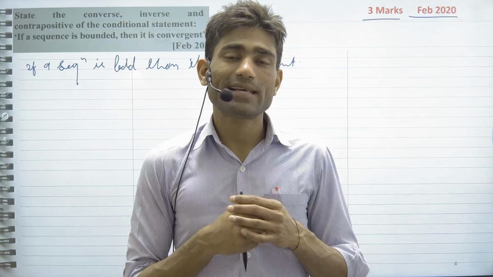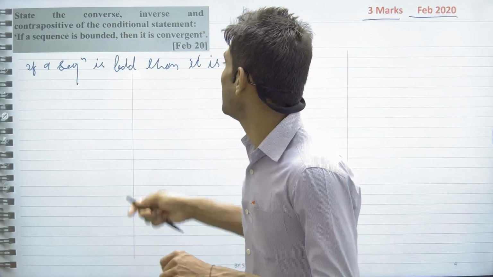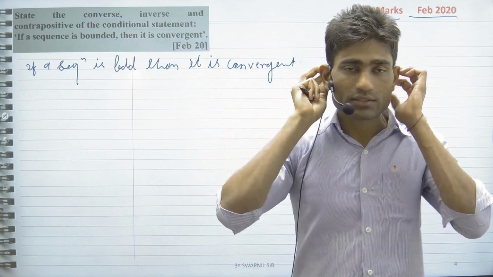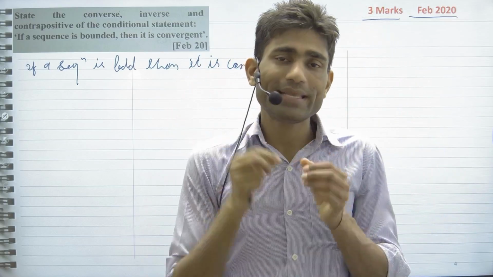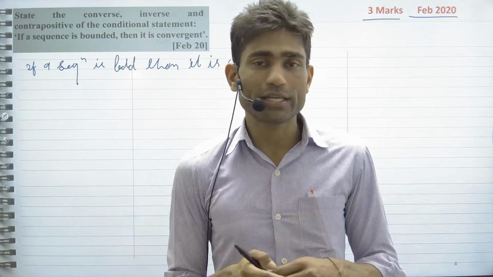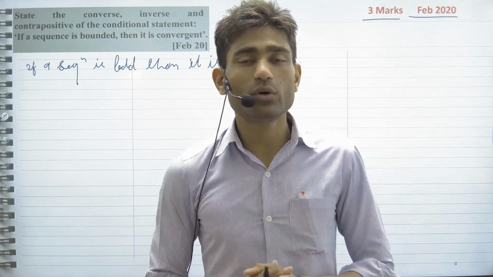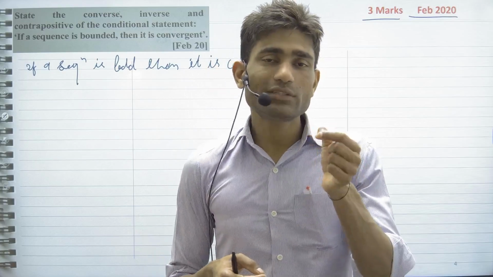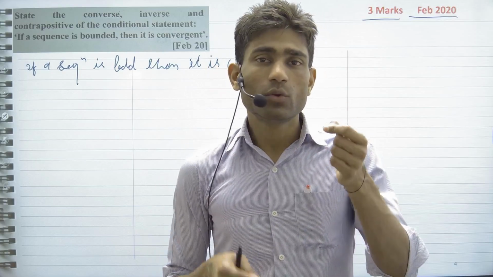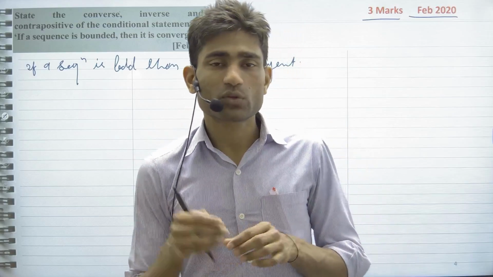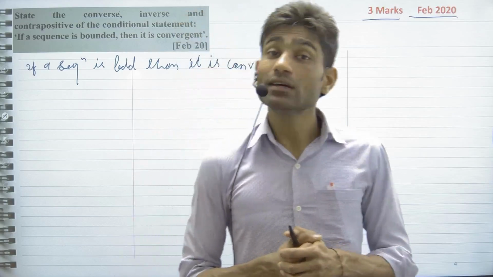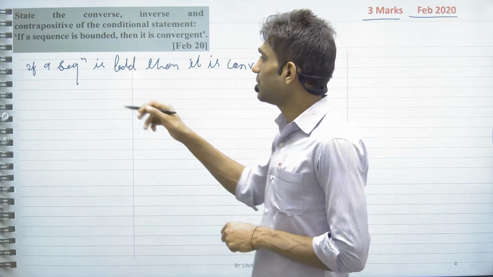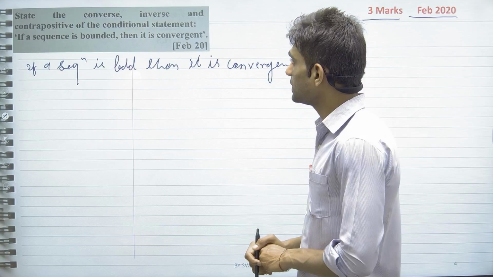Convergent means if you take the limit as n tends to infinity, the sequence gives us one specific point where it converges, so we call it a convergent sequence. So the statement pattern is true here.